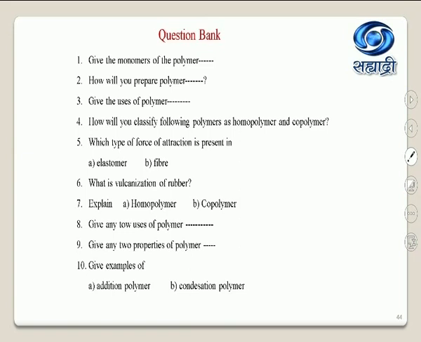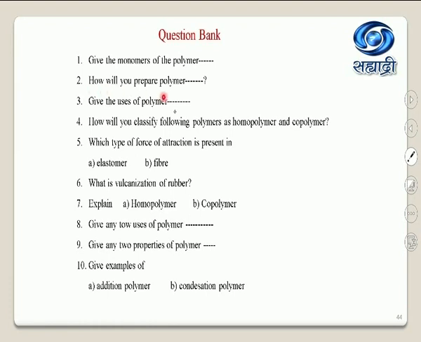Because when the question is given, what is the monomer of so and so polymer, it is expected that you should write the structure as well as the name or formula of that monomer.